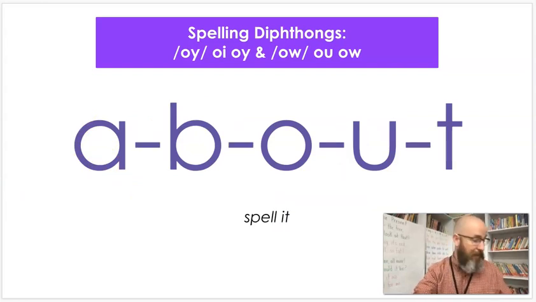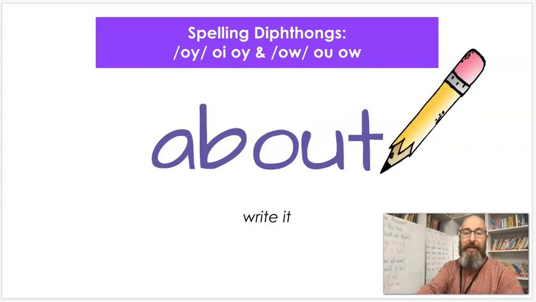So next, we're going to spell it. So let's get out our paper and pencil. I have my whiteboard, and we're going to spell. Oh, actually, we're not going to write it yet. We're going to spell it. So let's smash the word. A-B-O-U-T, about. All right, now we're going to write it.